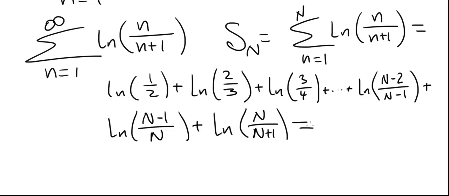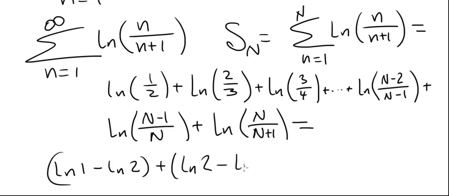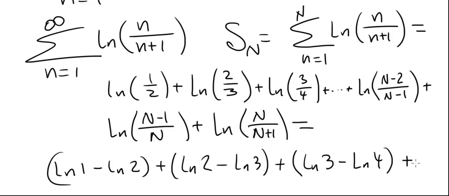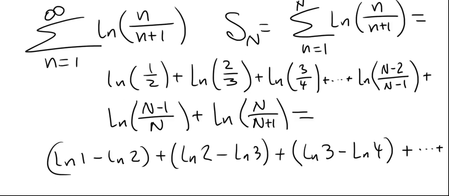Well, all we have to do is remember the basic properties of log. Ln of 1/2 is ln of 1 minus ln of 2, plus ln of 2/3 is ln of 2 minus ln of 3, plus ln of 3 minus ln of 4, plus, and so on. We keep going, so we'll notice a pattern.